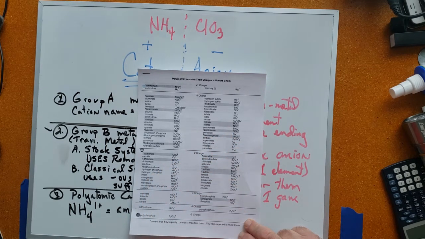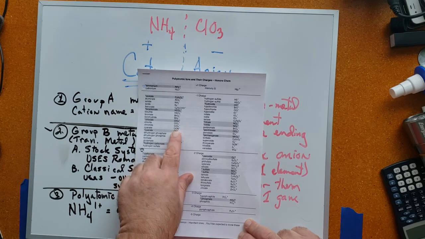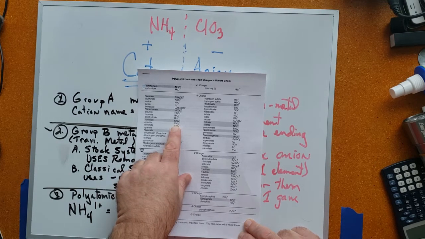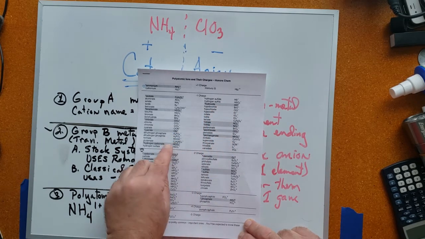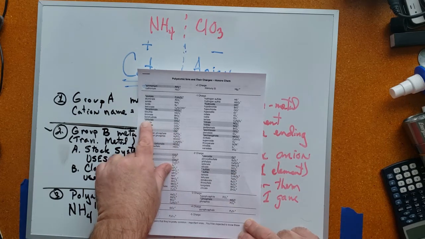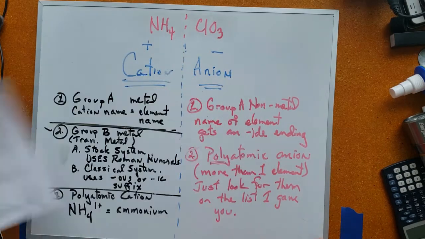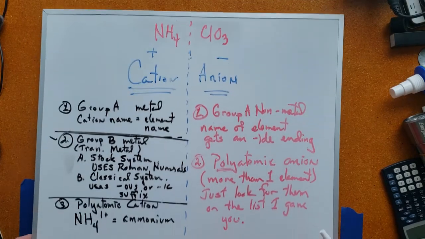ClO, there's ClO2, ClO4, where's ClO3? There it is, ClO3. It's known as chlorate. So this would be called the ammonium chlorate compound.